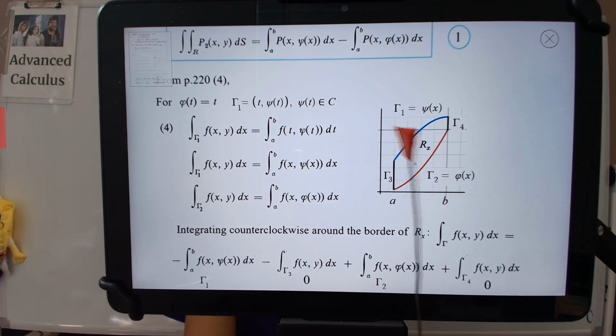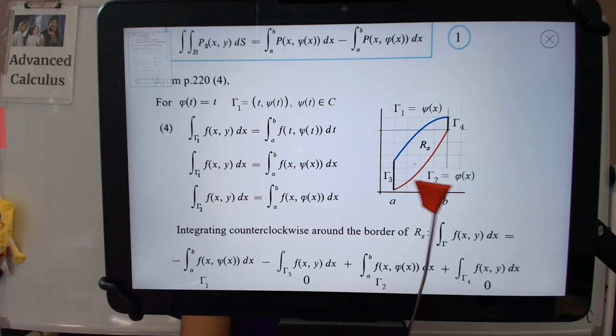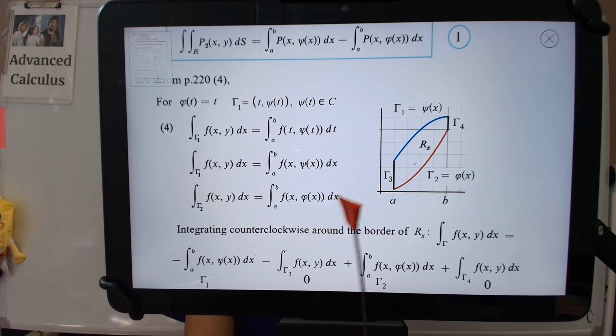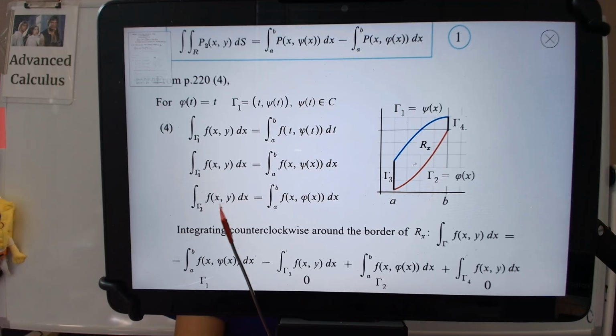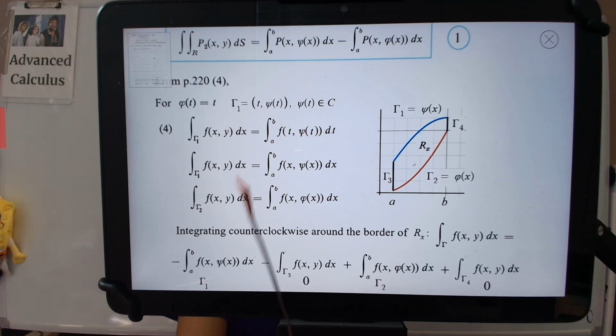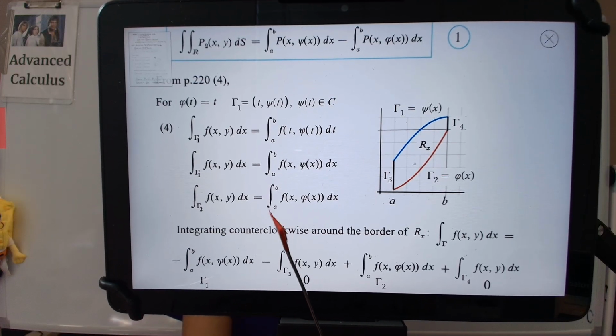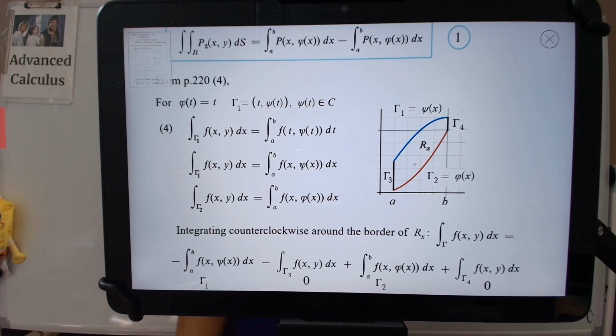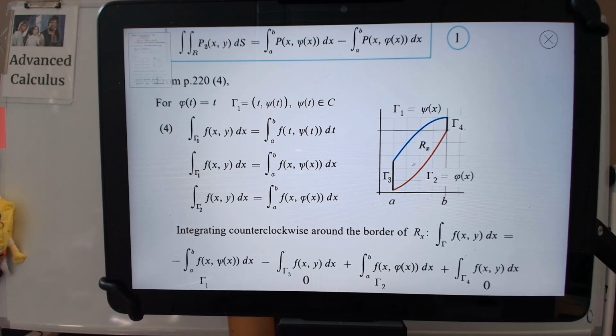Similarly, if we have a different curve, by substituting y in a similar way, we let psi of t equal t. So this becomes, let me think, did I get this right? Yeah, it's correct.